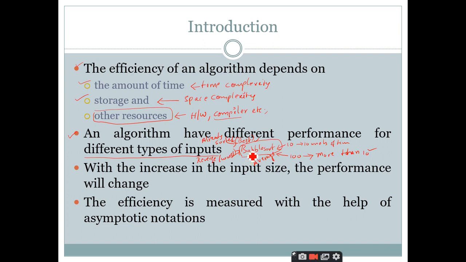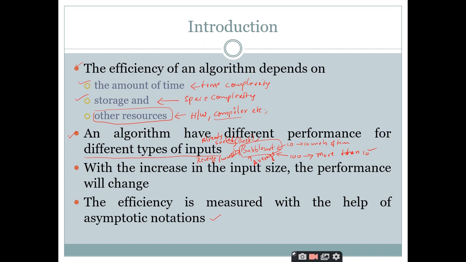So in such cases, you have to consider these asymptotic notations. Whenever you are having different types of inputs, whether they are in the form of sorted, unsorted or reverse order, or in the form of the number of elements, 10 elements will take some amount of time, 100 elements will take some amount of time which is greater than 10, 1000 elements may take more time when compared to sorting 100 elements, right?